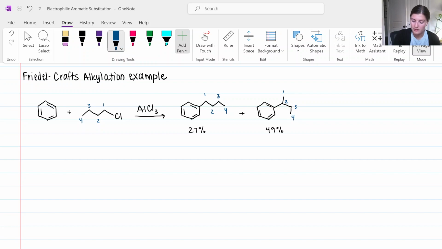For the product that is generated at 49% yield, it's bonded at carbon 2. So there's something that's going to happen with this alkyl chloride reagent.